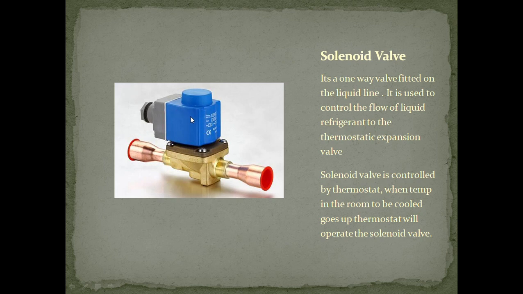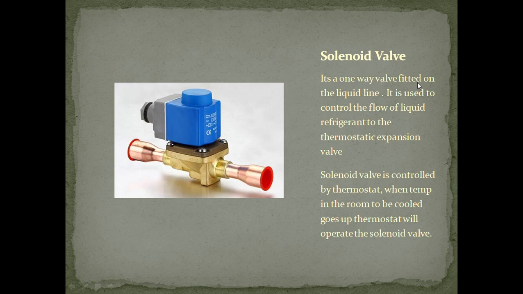The solenoid supply will be coming or going depending upon the thermostat, okay. If the room temperature is high, the thermostat will give supply to the solenoid, this valve will operate and the gas will flow. This is a non-returnable type. The gas will not flow back, only one side.